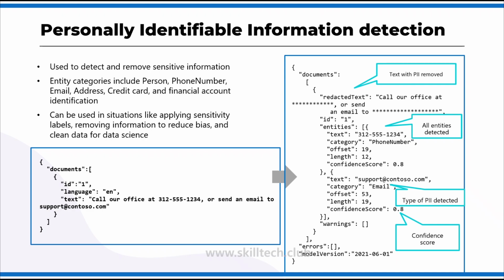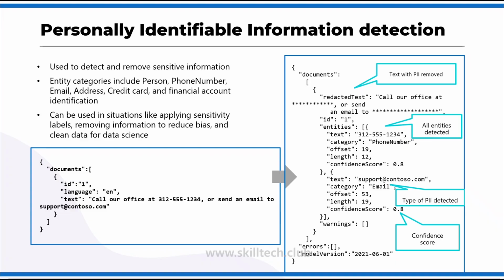It can also be used in situations like applying sensitivity labels, removing information to reduce bias, and cleaning data for data science. You want to make sure that the data you provide for your model training is not biased, and at that time you want to remove this kind of PII information before providing the data to your machine learning model.